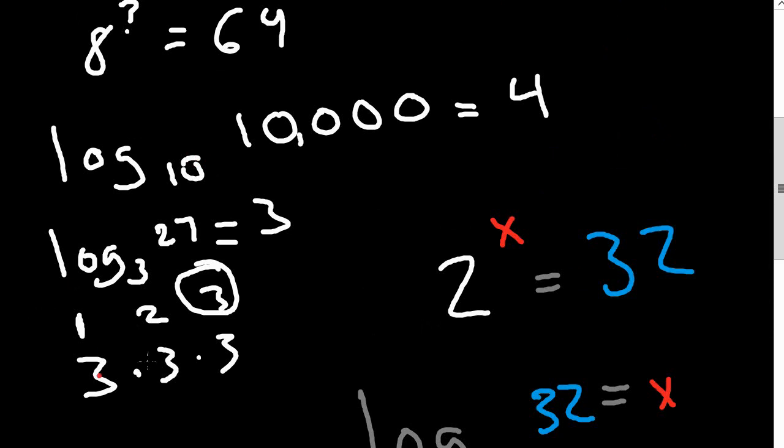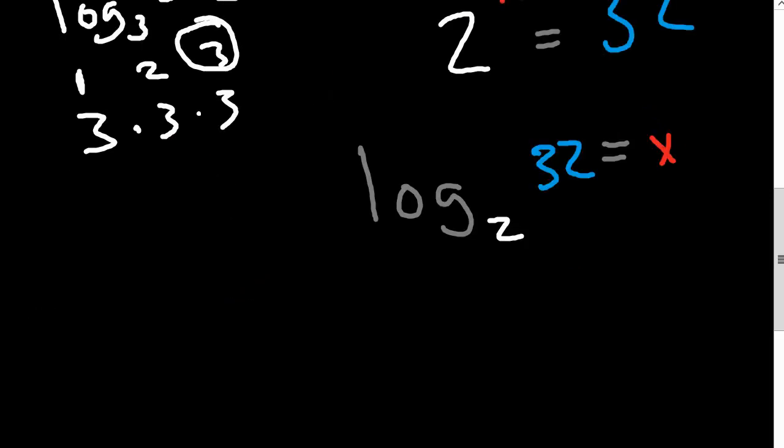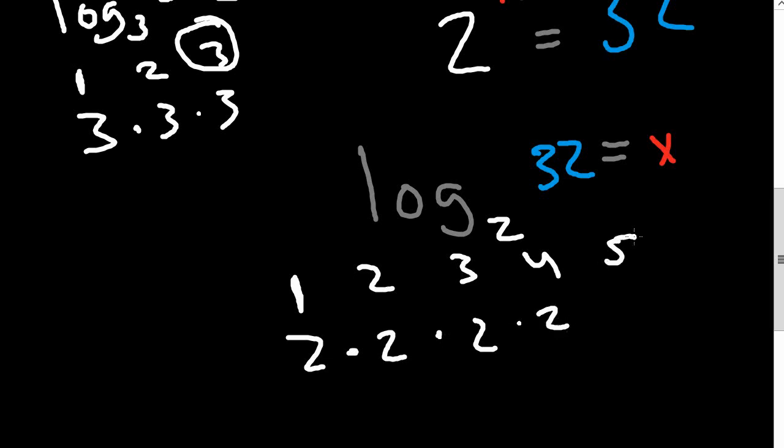So let's do the same process we did up here, because many of us don't know that. If we just have 2, we have 2. Then if we multiply it by itself twice, we have 4. If we do it again, we have 8. If we do it again, we have 16.